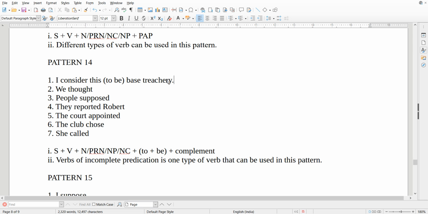So, I consider this treachery and I consider this to be treachery. Both are correct. We thought the idea to be brilliant, foolish, whatever.